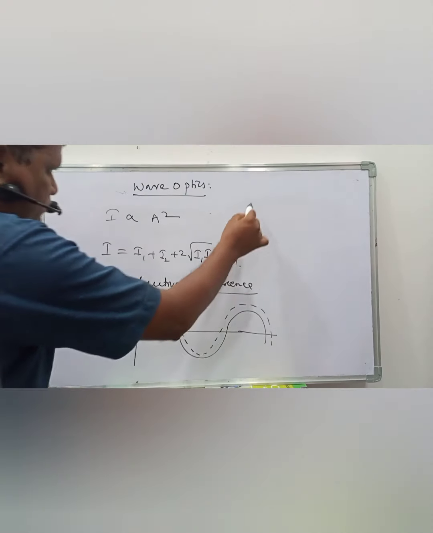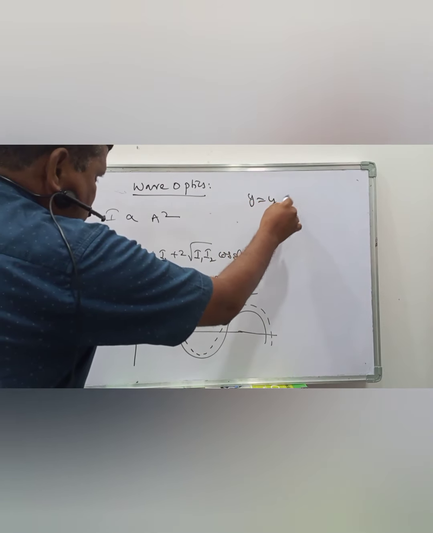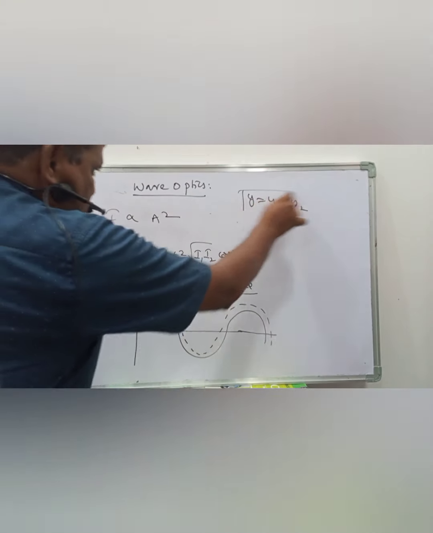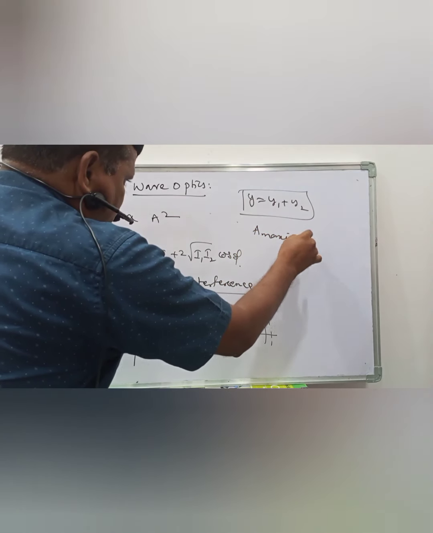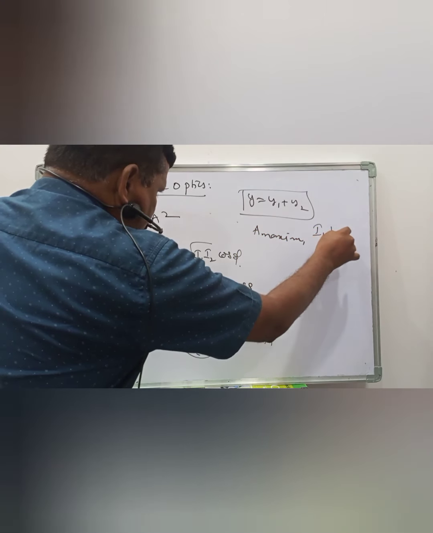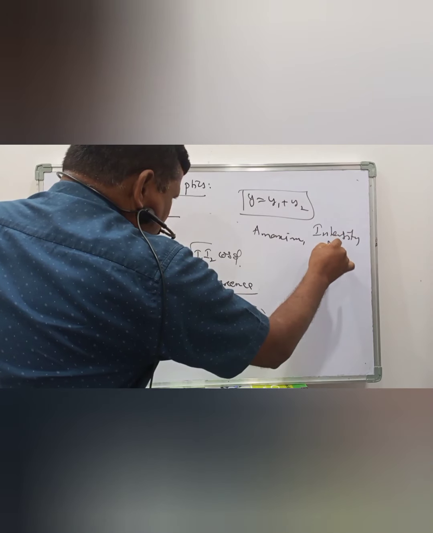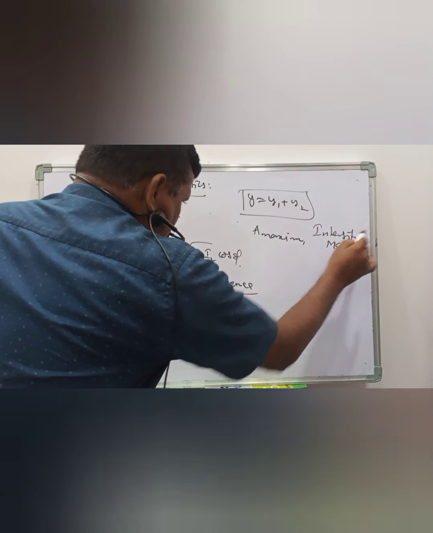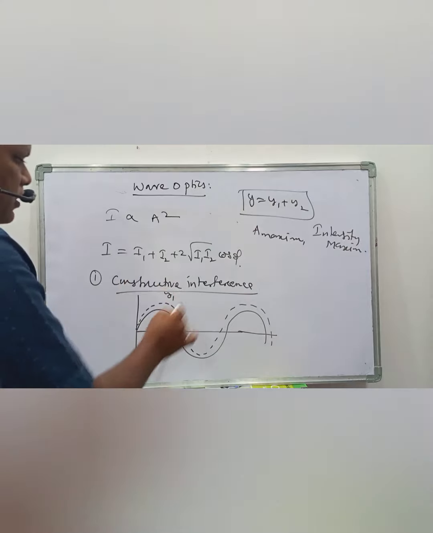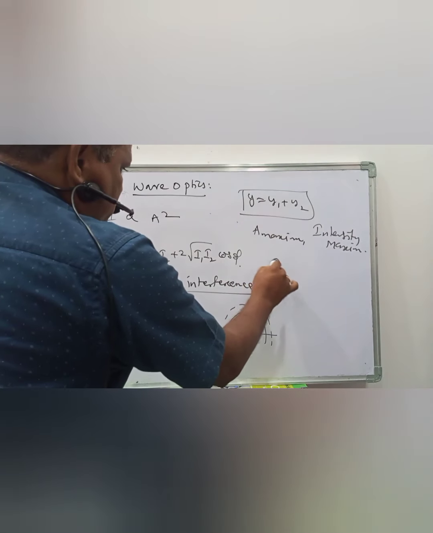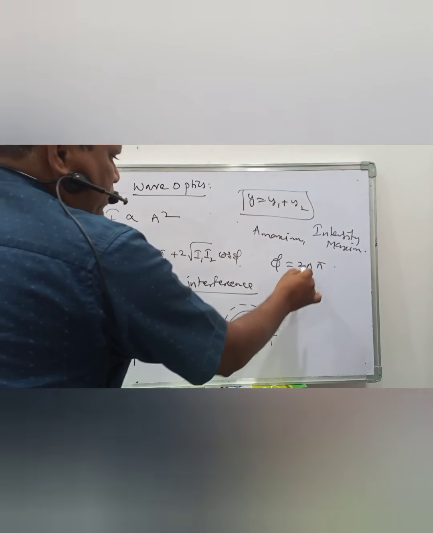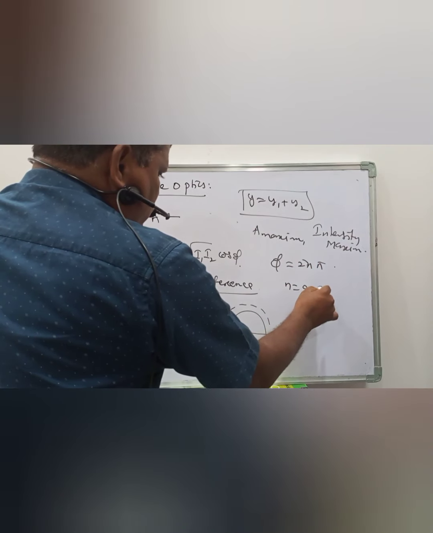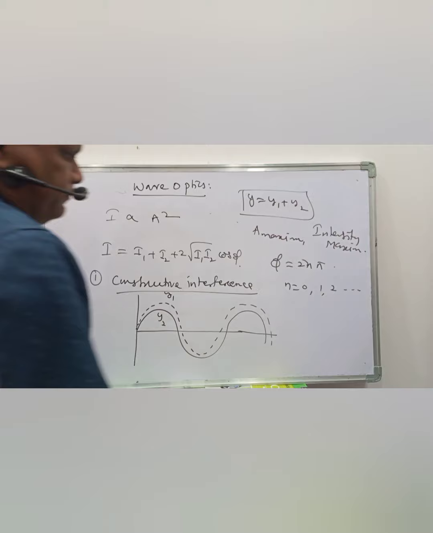Therefore the resultant wave is y = y1 + y2, and the amplitude is maximum, and intensity is also maximum. The maximum intensity occurs when the phase difference is 2n pi, where n = 0, 1, 2, 3, and so on.